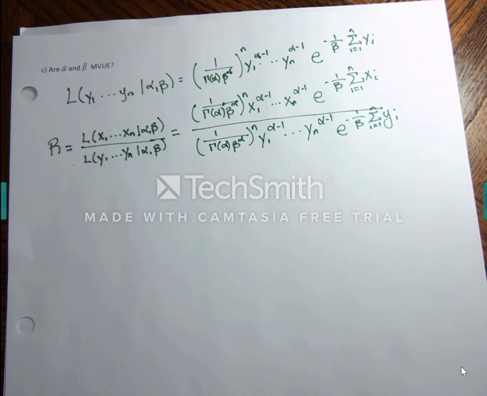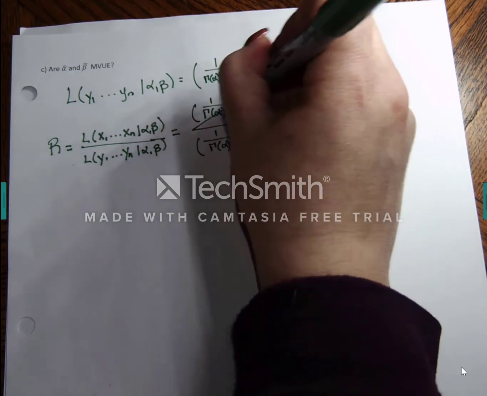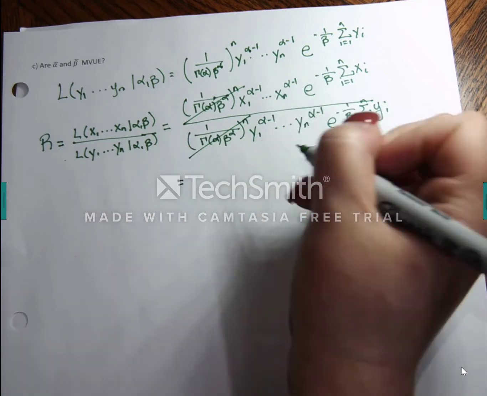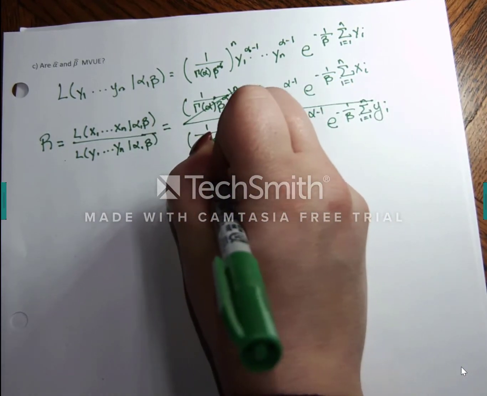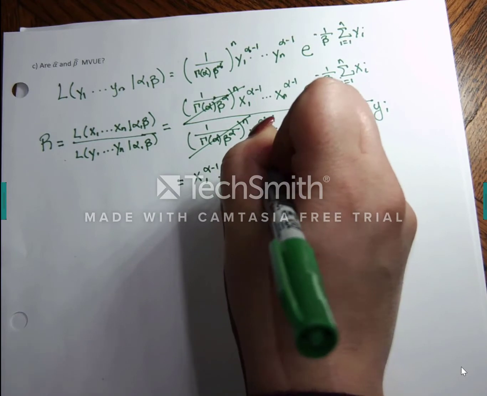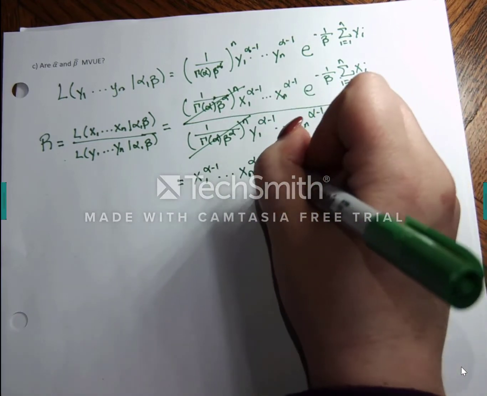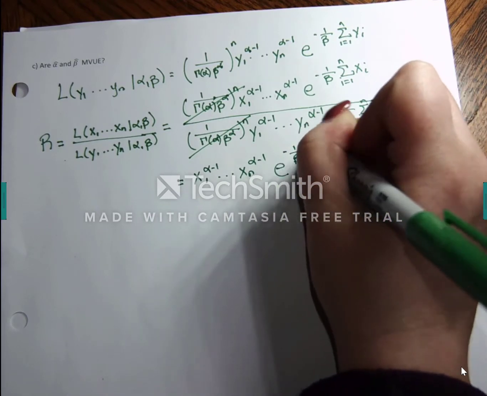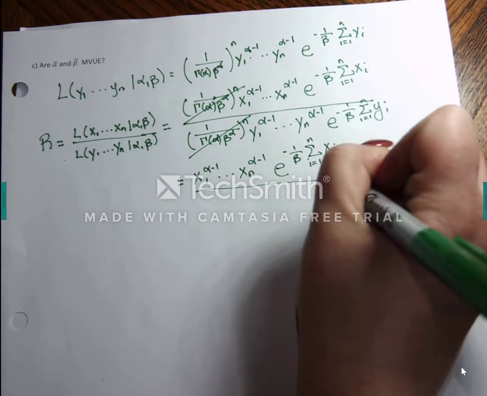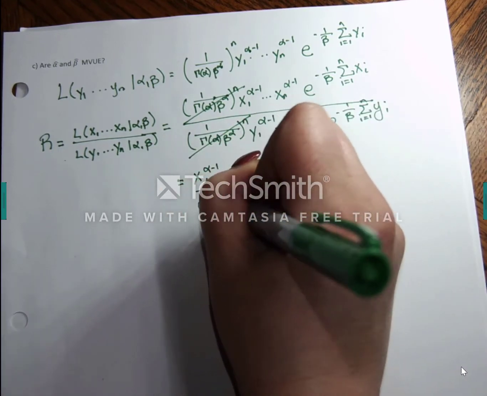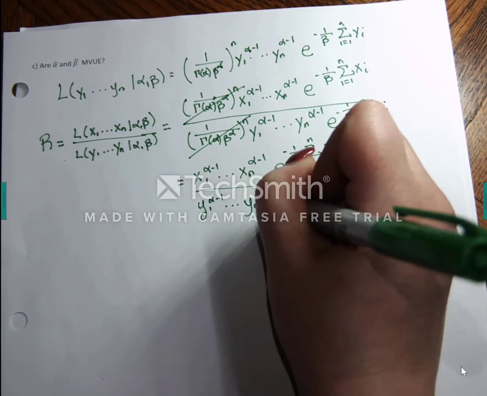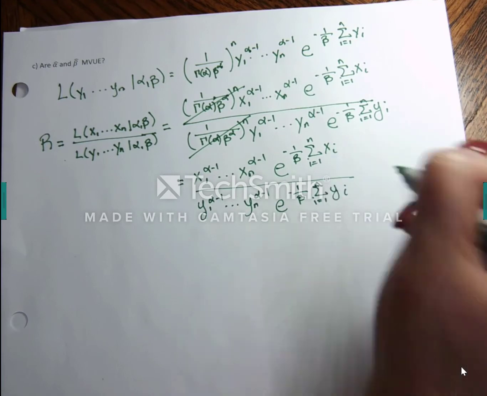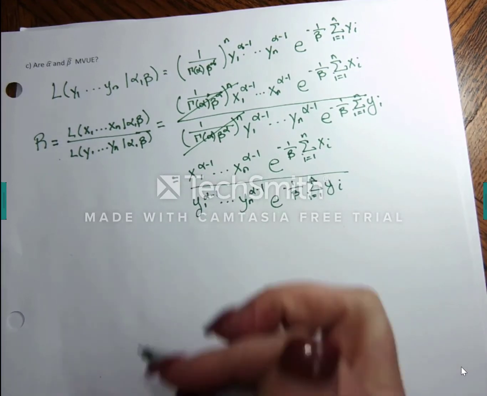Okay. Now we're going to see if we can simplify some. Notice that this term and this term are going to cancel. So that's going to leave me with the following. And we can simplify this further.